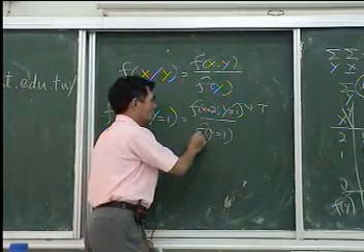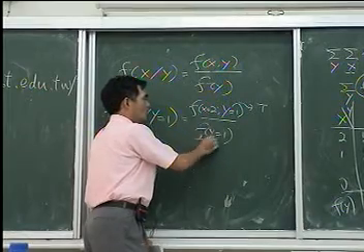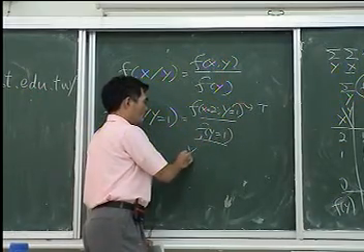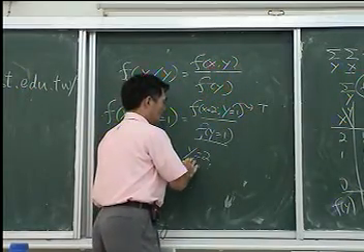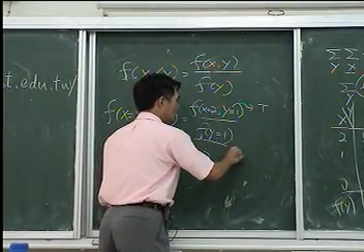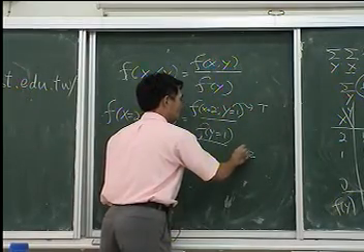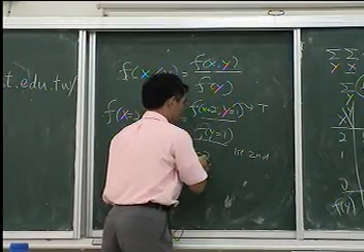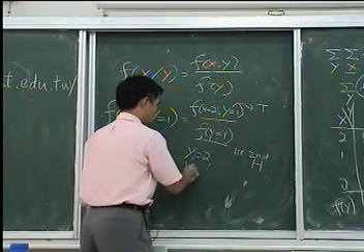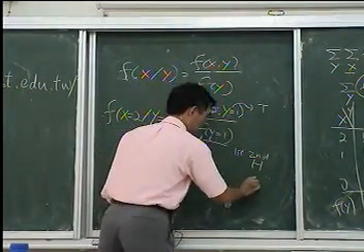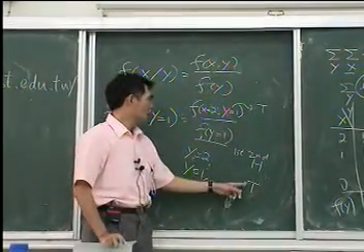Remember, I'm just trying to refresh your mind. What does y mean? Y is the second time. This is the first time, this is the second time. Y is equal to 2 means it is head. When y is equal to 1, it is a tail, right?